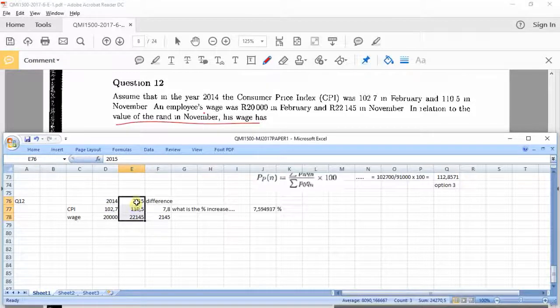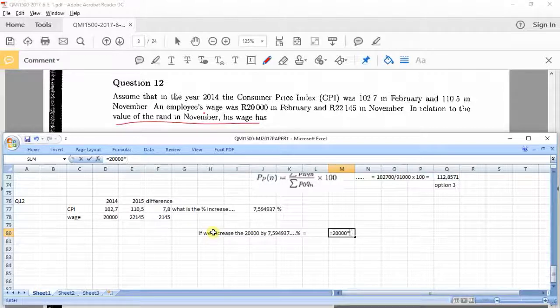My wage was that in 2014, and now it's that in 2015. So in relation to the value of the rand, if we increase the 20,000 by 7.594937 percent, what do we get?